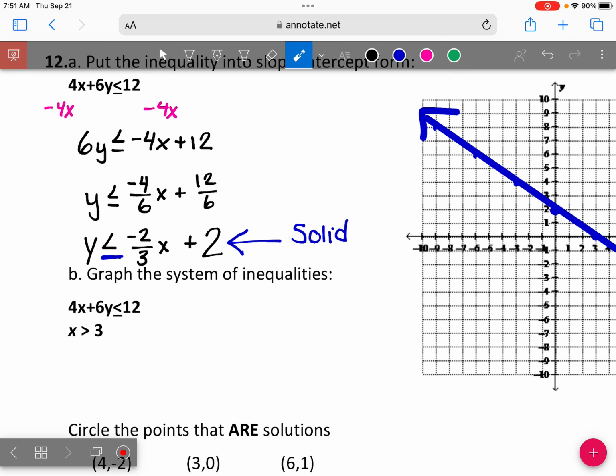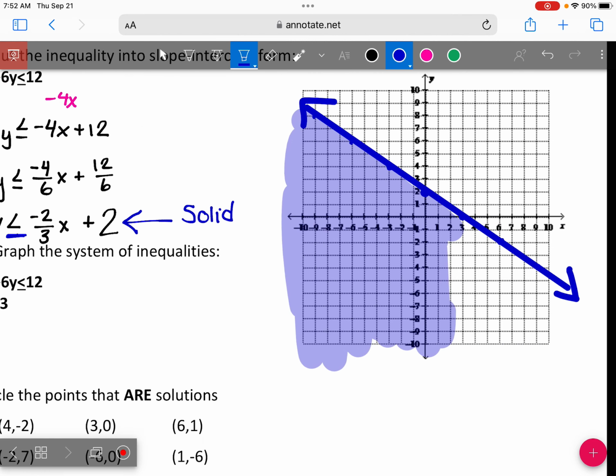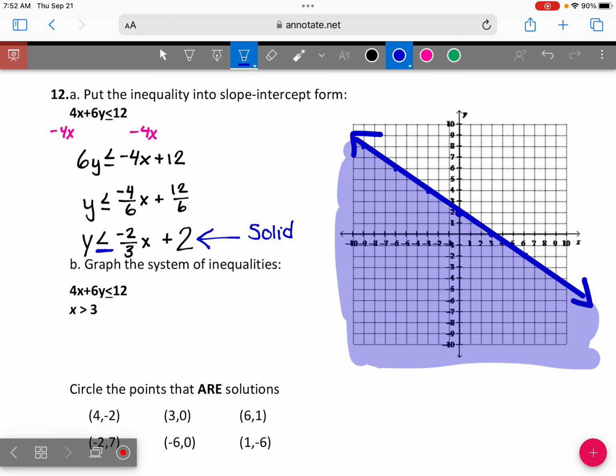So this side has our solutions. So our solutions are down here. So graph number 1 looks like this. That's this guy.